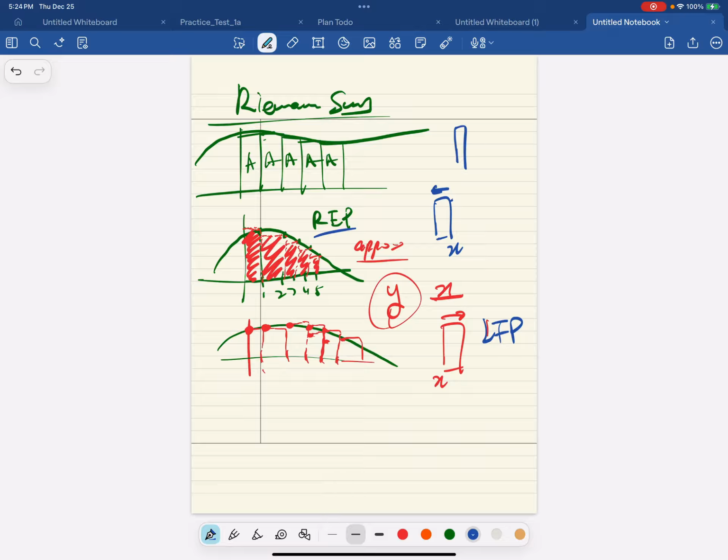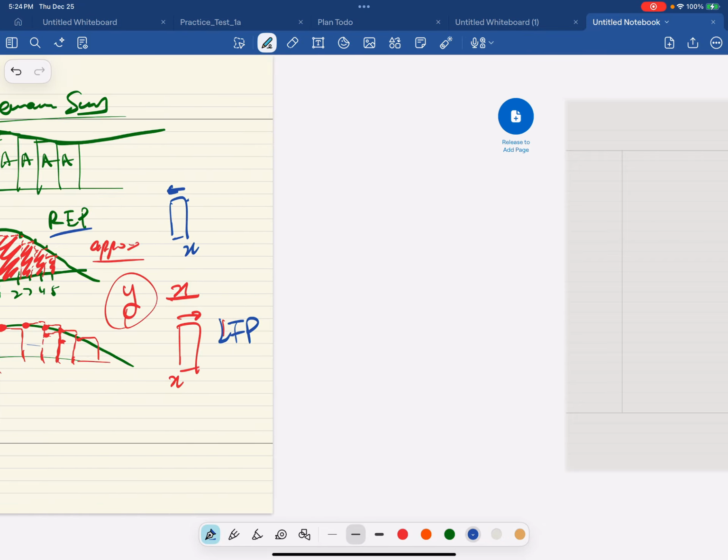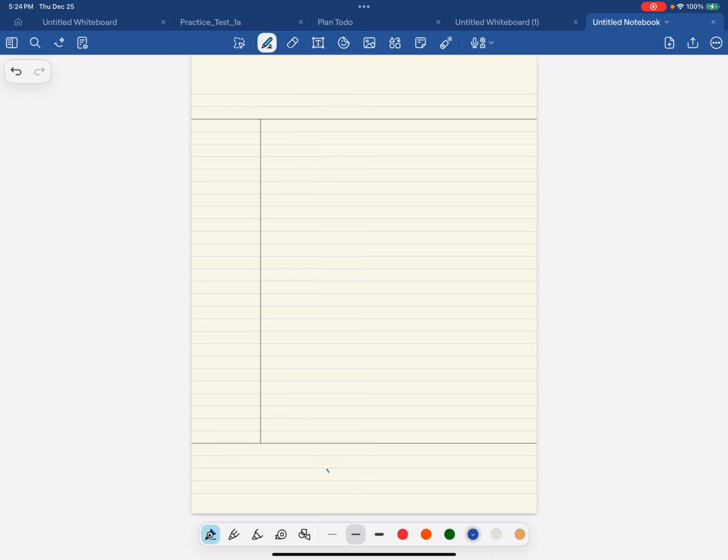And it's just building so many rectangles like this to make an approximation of a curve's area, where it could be overestimated or underestimated depending on how your rectangles look compared to the graph. And that's all Riemann sums is about. That's the geometrical, or I should say the area drawing type of Riemann sums.